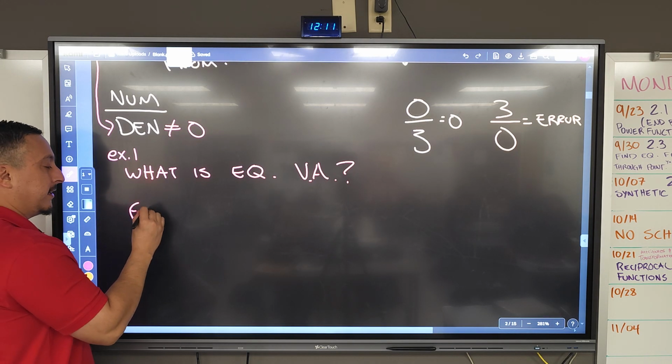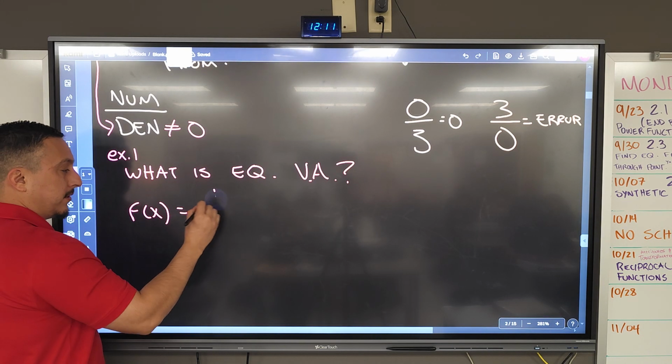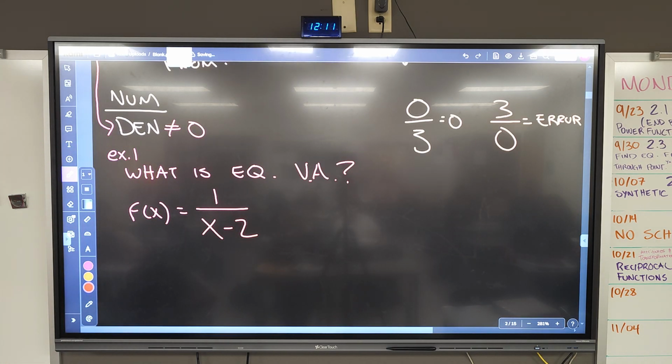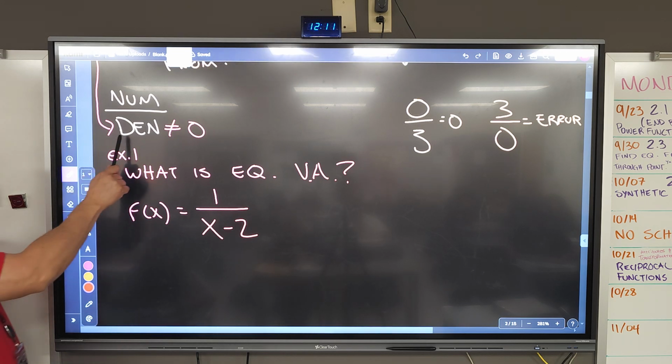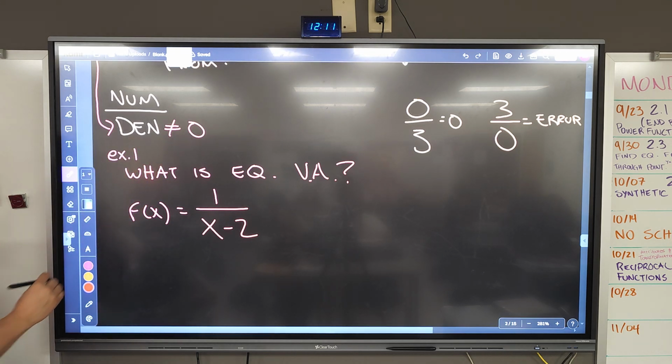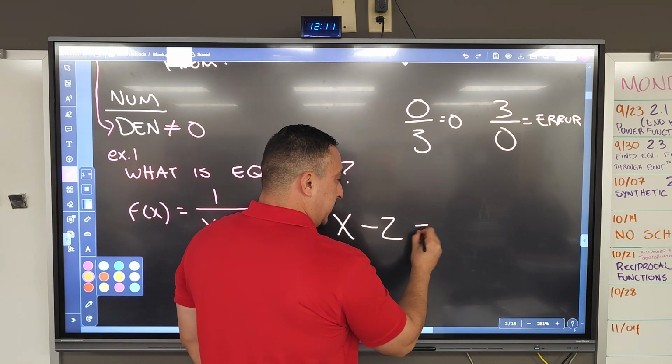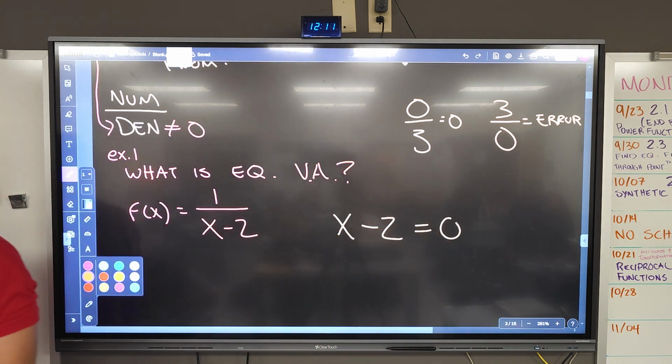Let's say you had f of x equals 1 over x minus 2. Remember the denominator cannot equal 0. So the bottom, this is the denominator. I'm going to set it equal to 0. I don't want it to equal 0, but I'm going to try to find out what one number is going to make it equal 0. Well, we just solve that simple equation.